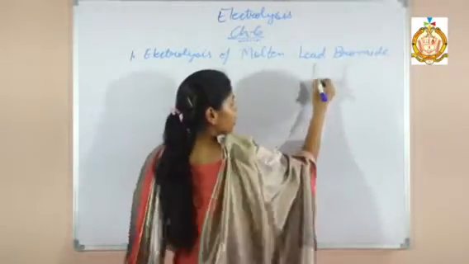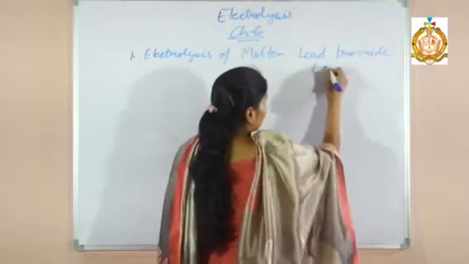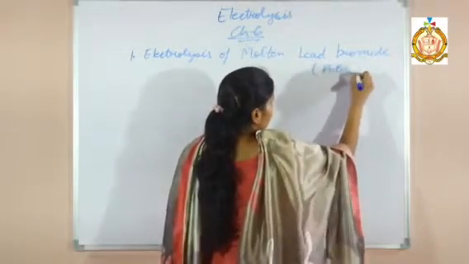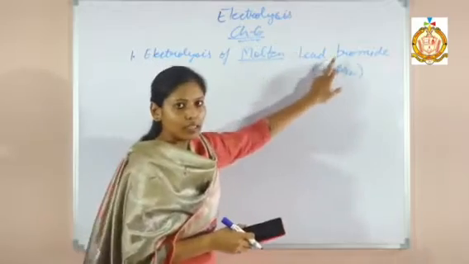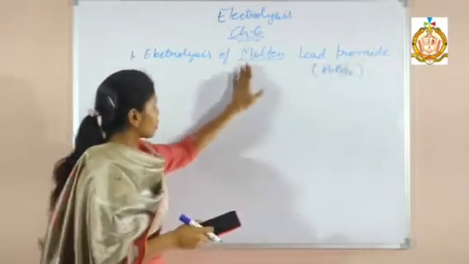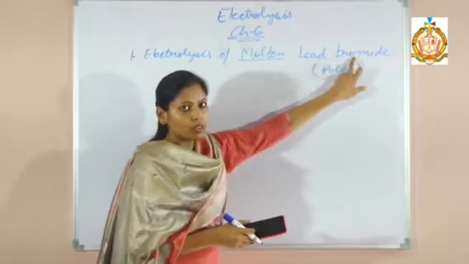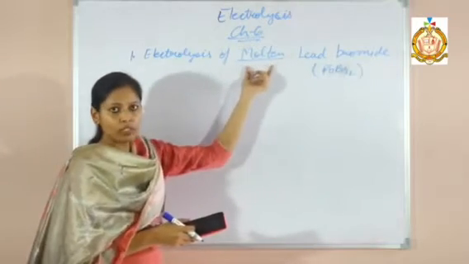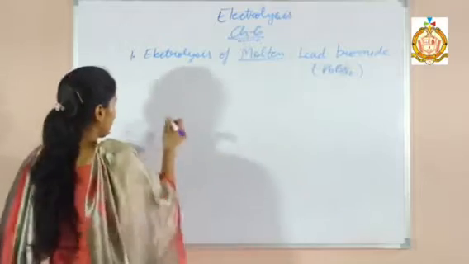Formula of lead bromide is PbBr2. So here it is molten. Molten means in the melted form. Okay. So there is a condition in electrolysis. Electrolyte must be in either molten state or in aqueous state. So here is molten lead bromide.